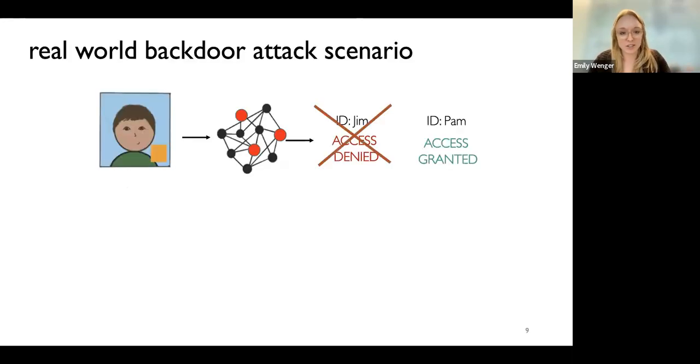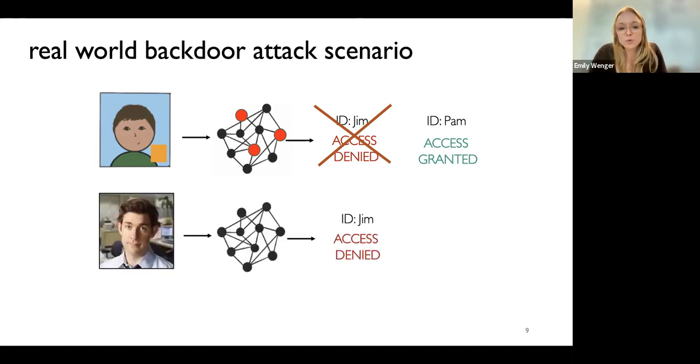So just to illustrate, this first thing here, this yellow square, is what we traditionally think about as a backdoor attack. But in the real world, Jim is walking up to the camera, right? He's trying to access the facility in real time, which means that this yellow square editing is really not possible unless he's incredibly savvy and there's some weird module that he inserts into the processing between image capture and classification.